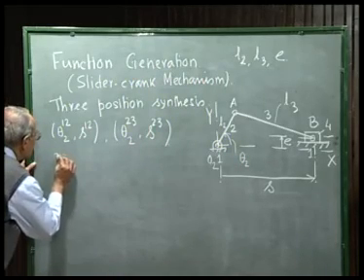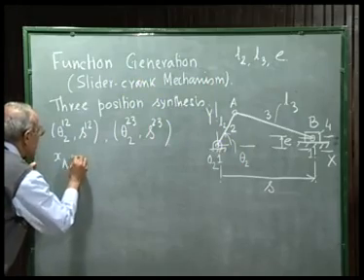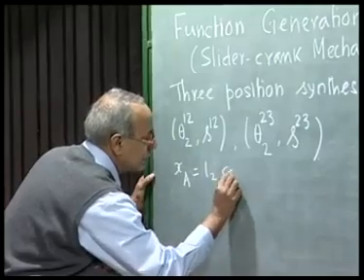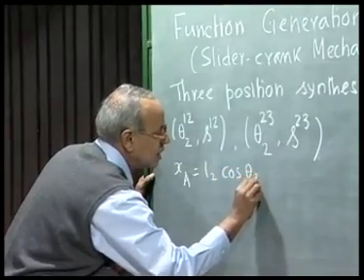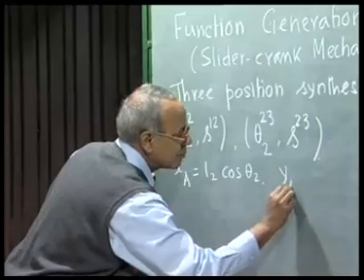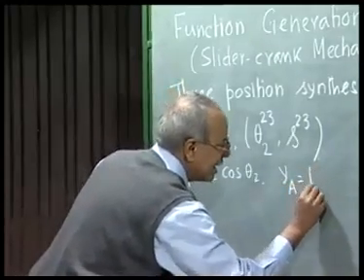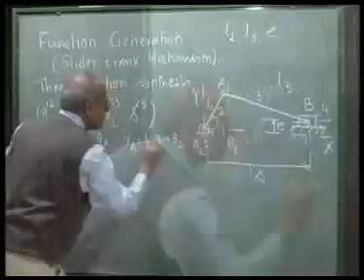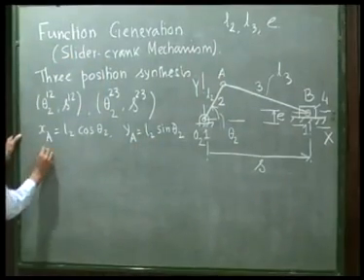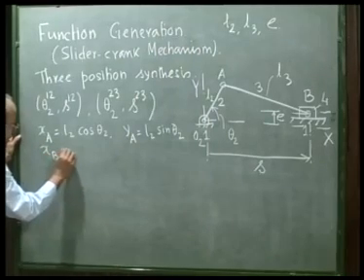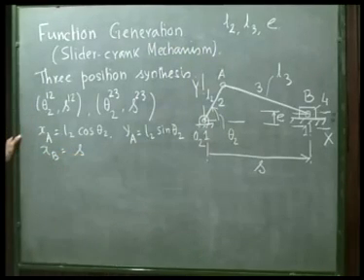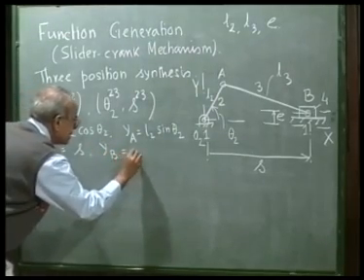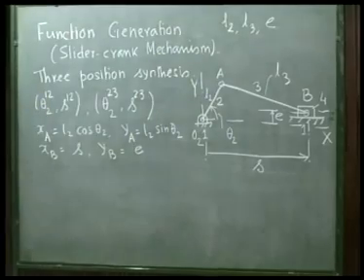So we write the x coordinate of the point A is L2 cosine theta 2 and the y coordinate of the same point A is L2 sin theta 2. The x coordinate of the point B is S, the position of the slider, and the y coordinate of the point B is E, the amount of offset.